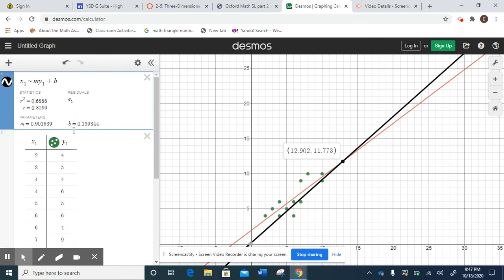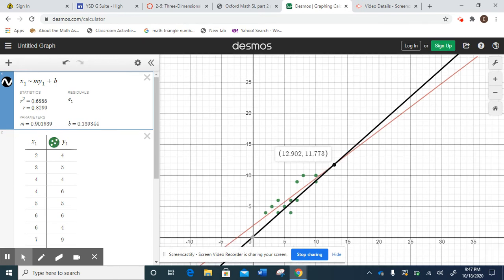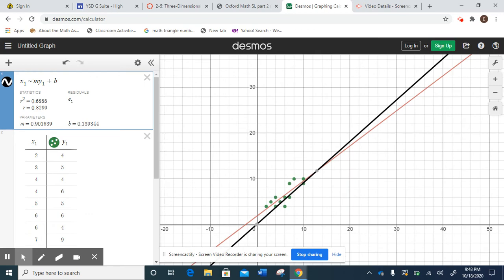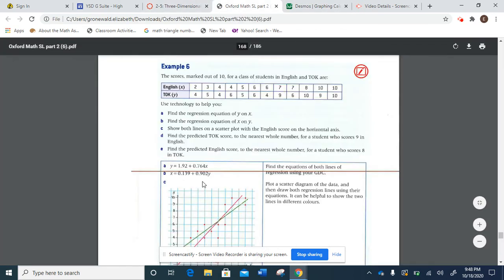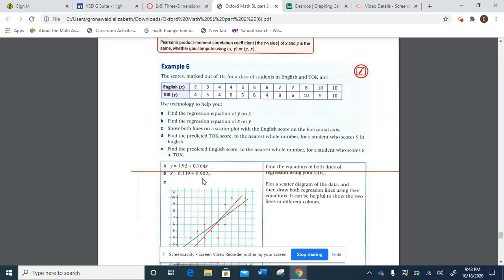The y-intercept goes first, and your slope goes second with the y in the back. That one happens to be the black line there. Here we have the 0.139 and the 0.902, and then we have the y.